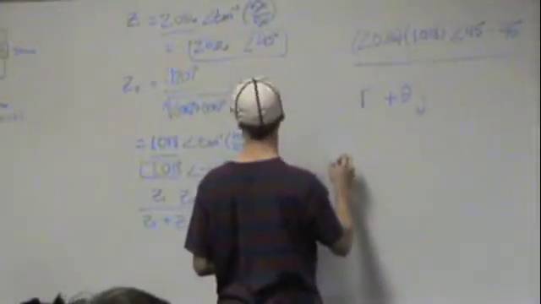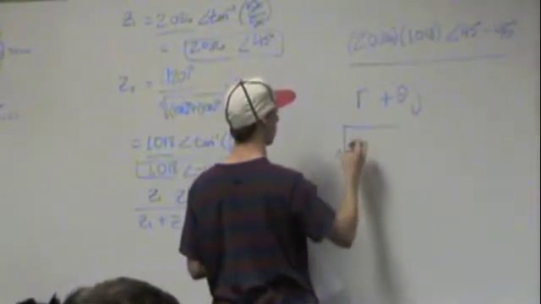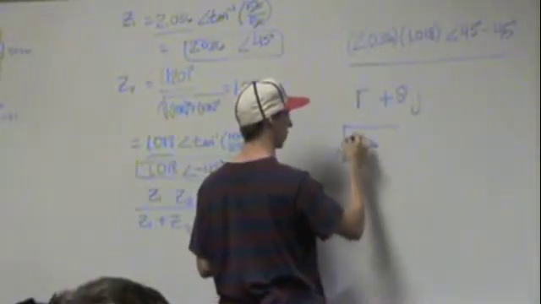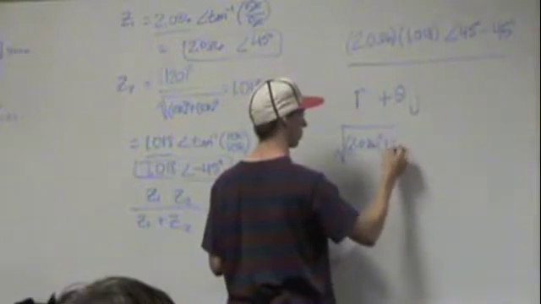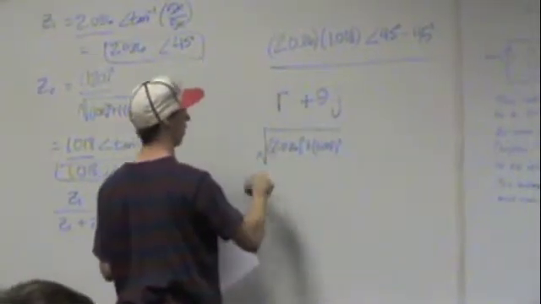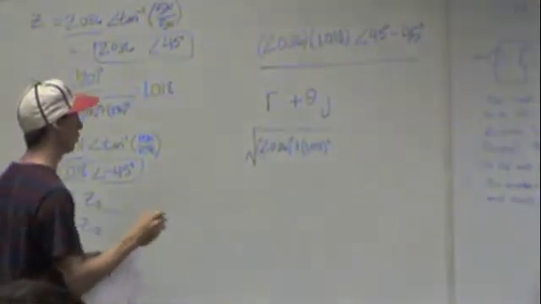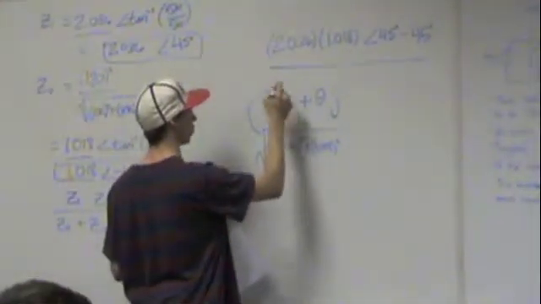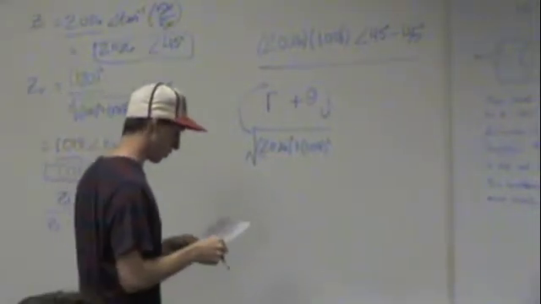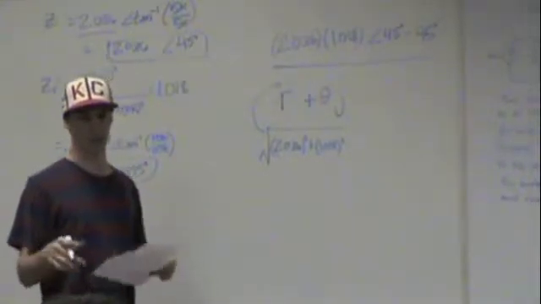But if you wanted to just get the real portion right away, you could do 2.036 squared plus the 1.018 squared, and then that will actually get you this portion, but then you still need the angle portion. So to get the angle portion is the tricky part, and that's why you need to convert it back into rectangular form.